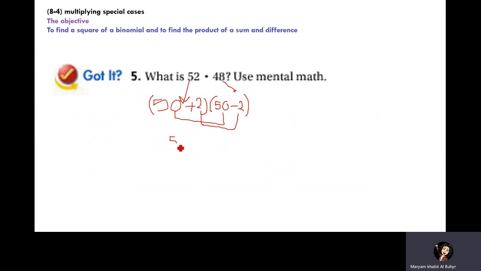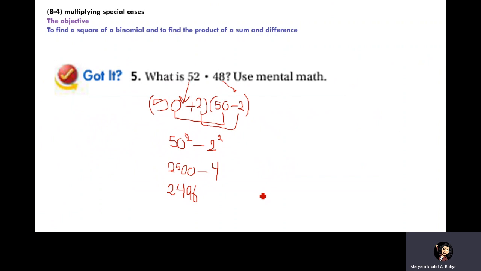So I'm going to use my rule. That is 50 to the power 2 minus the second one to the power 2. So that will be 2500 minus 4. You can easily subtract it, which will be 2496.